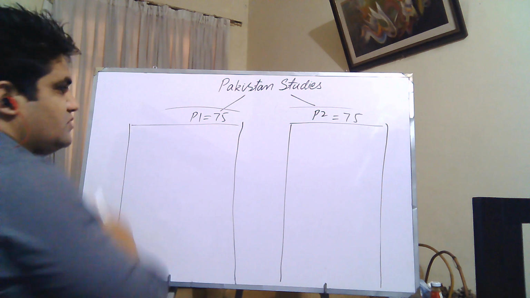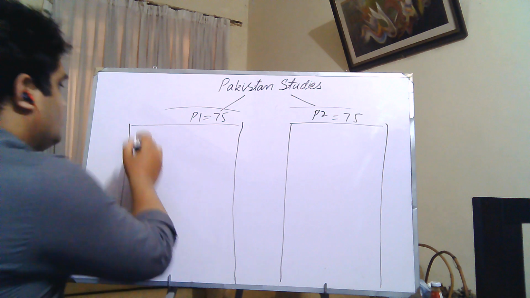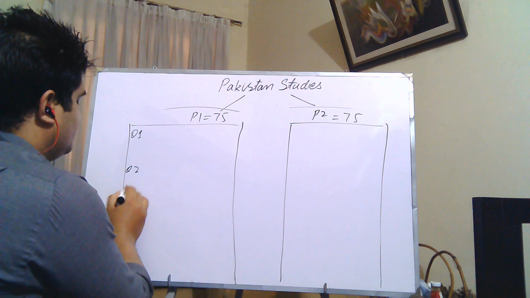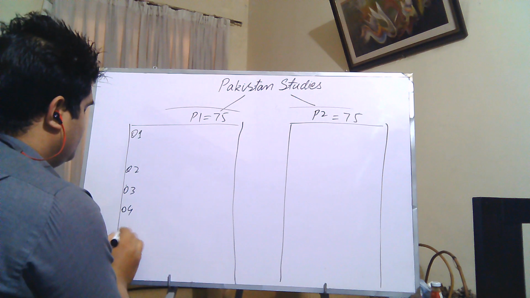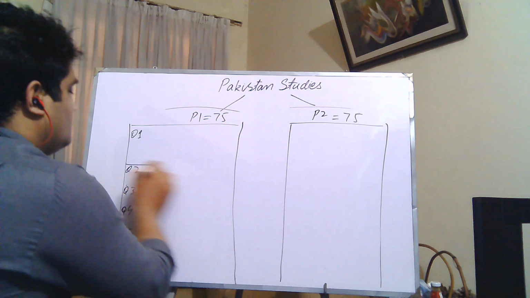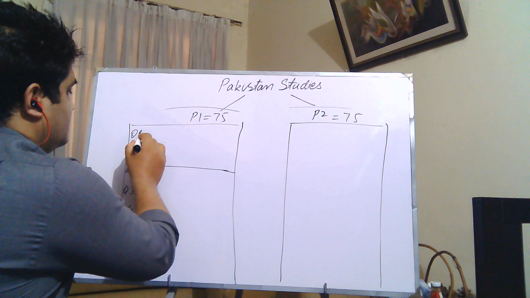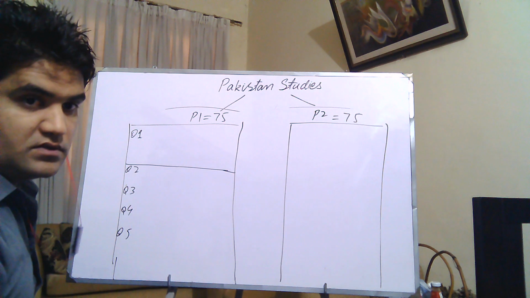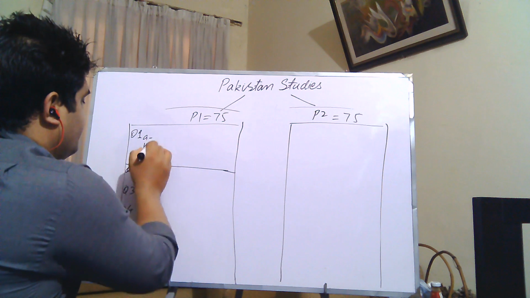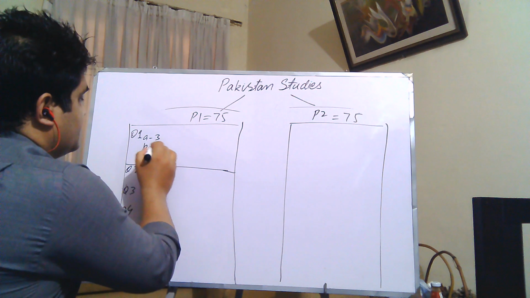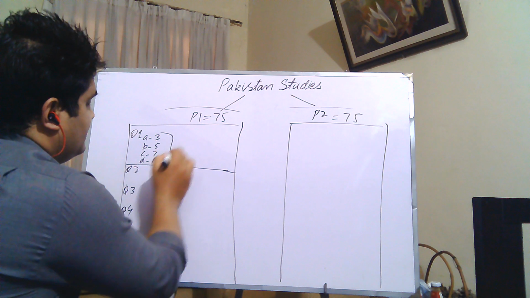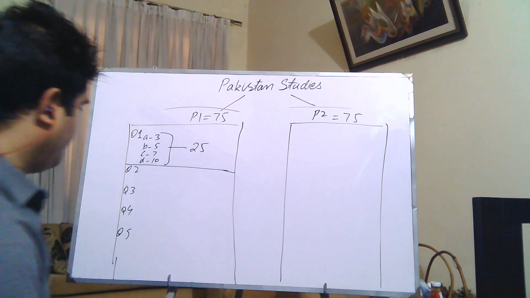Paper 1 carries a total of 5 questions: question 1, question 2, question 3, question 4, and question 5. Question 1 has 4 further subparts: A, B, C, and D. A will be of 3 marks, B will be of 5, C will be of 7, and D will be of 10. And this will make a total of 25.